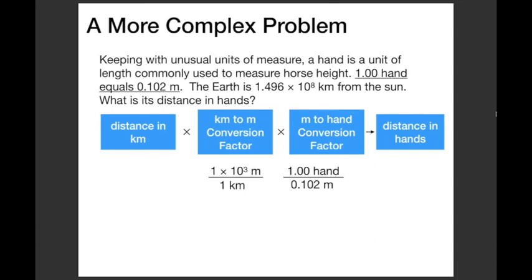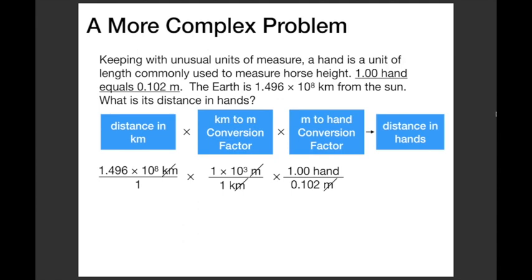Going through, by definition, 1 times 10 to the 3 meters equals 1 kilometer. 1 hand equals 0.102 meters. Plugging in the distance from the Earth to the Sun in kilometers, what we'll have is our kilometers canceling, we'll have our meters canceling, and we're left with hands.